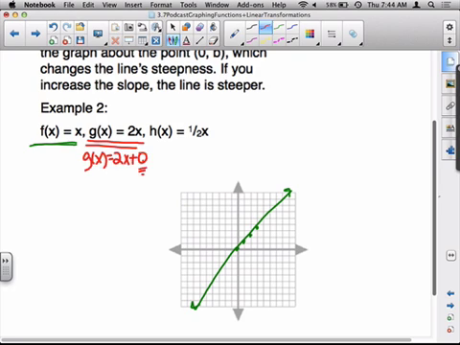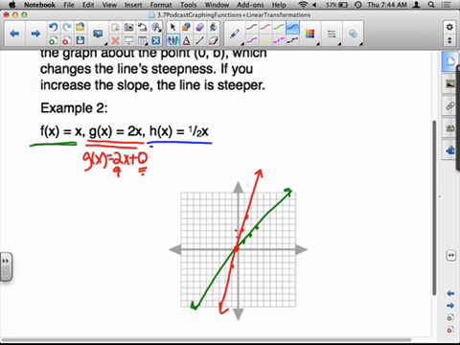So I still have the same y-intercept, so I'm going to plot my point there. However, my slope is 2 over 1 instead of 1 over 1 like it is in f of x. So I go up 2 to the right 1. Up 2 to the right 1. Down 2 to the left 1. Okay, so that's g of x.